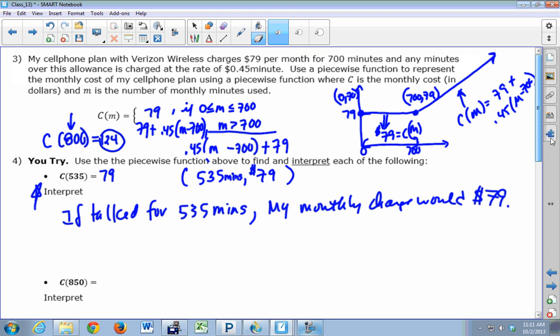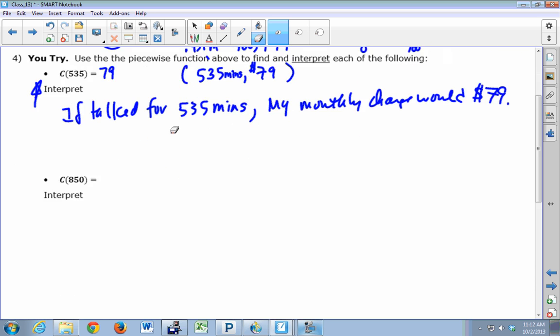Right. Absolutely. So when you're trying to get a cost and you see your input is 850, you got to go up to your piecewise and say, where does that 850 live? It doesn't live in the first piece of the function. 850 is greater than 700, and this tells you which formula you use to calculate it.